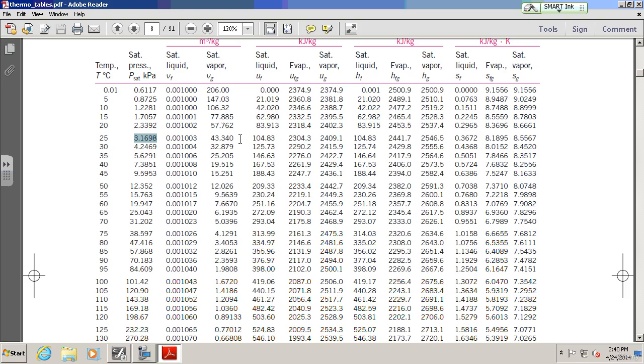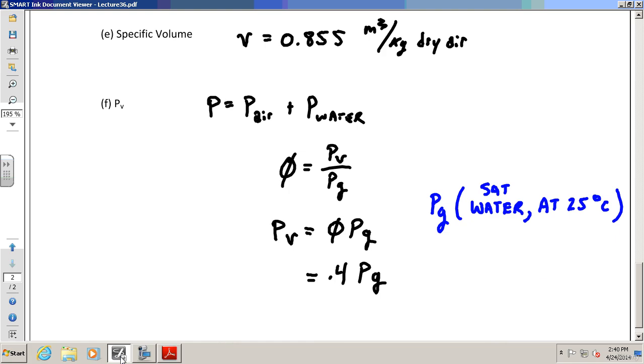So that's the value you use, 3.1698. So this becomes 0.4 of 3.1698 kilopascals. All you have to do is that calculation. If you run it in your calculator, 0.4 times 3.1698, you get about 1.27 kilopascals.